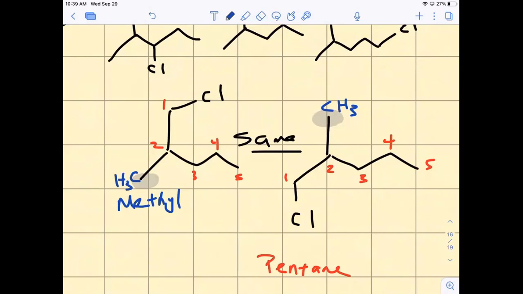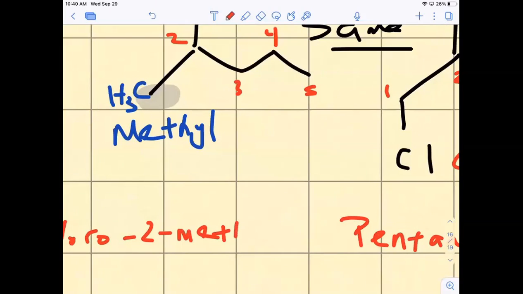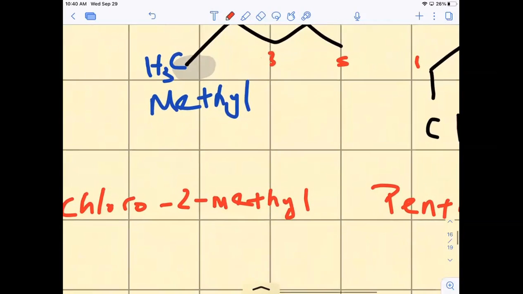All right. So we're going to put this in alphabetical order, right? We have a chloro and then we have a methyl. So this is 1 chloro, 2 methyl pentane.